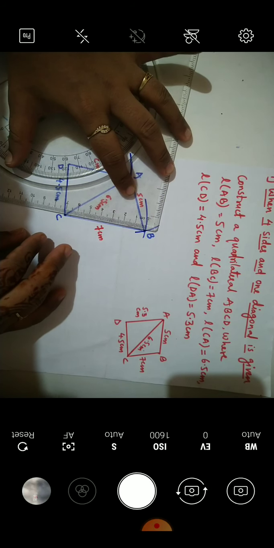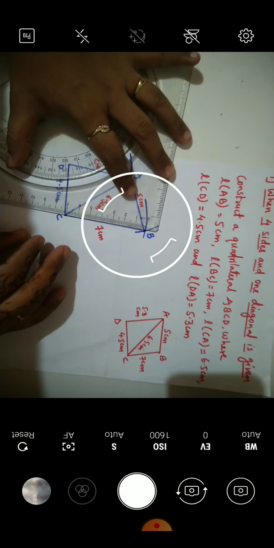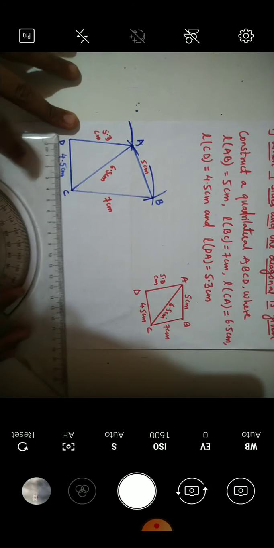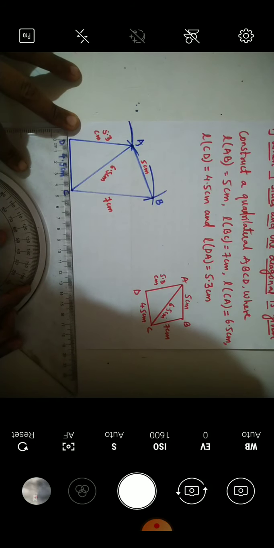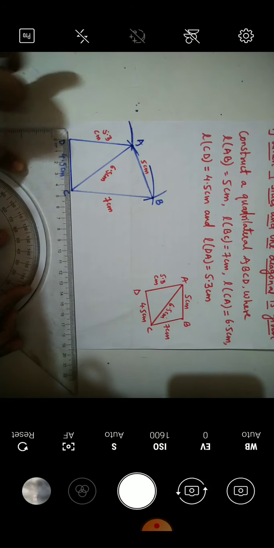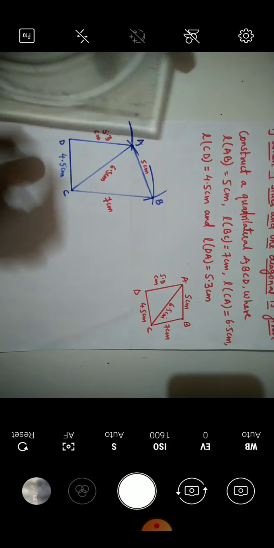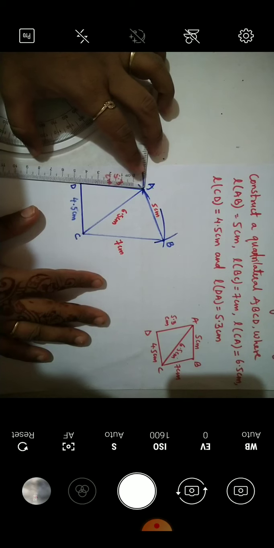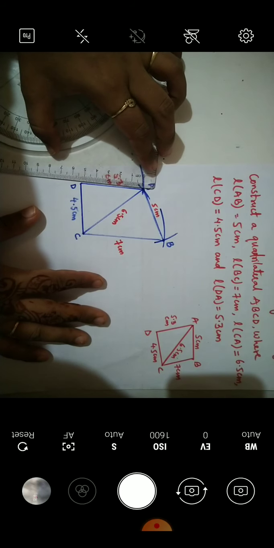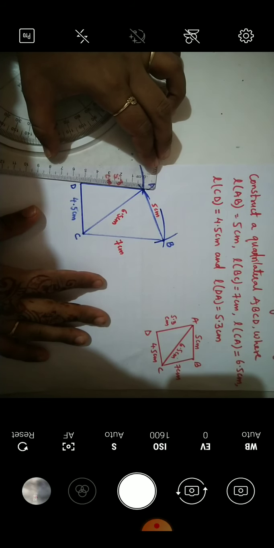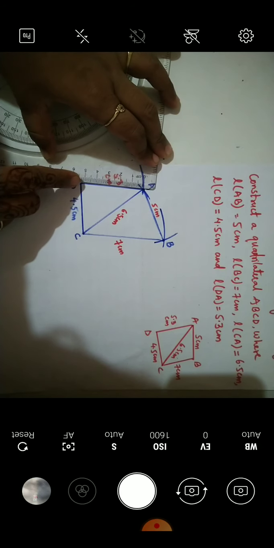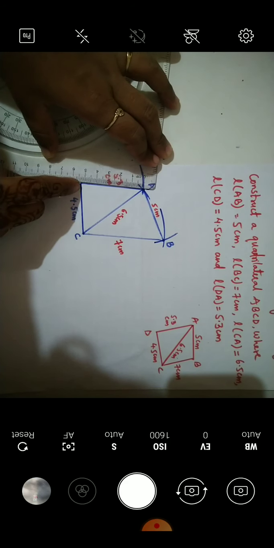Yes, it is exactly 7 centimeter. You can see this length is 4.5 centimeter. Let's check. As you can see, this is exactly 4.5 centimeter. This should be 5.3. Let's check whether it is 5.3 or not. Yes, after 5, 3 small points would be 5.3.